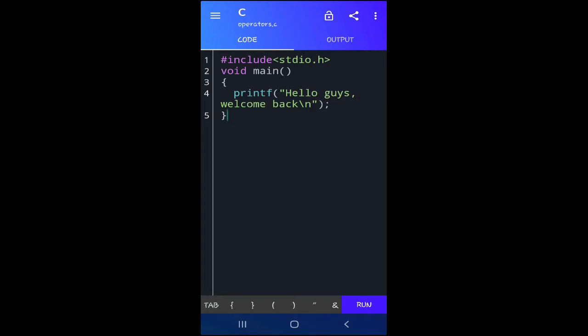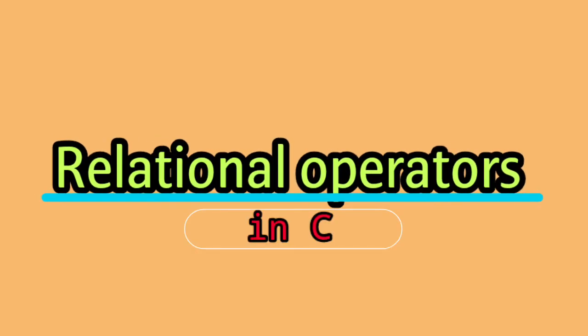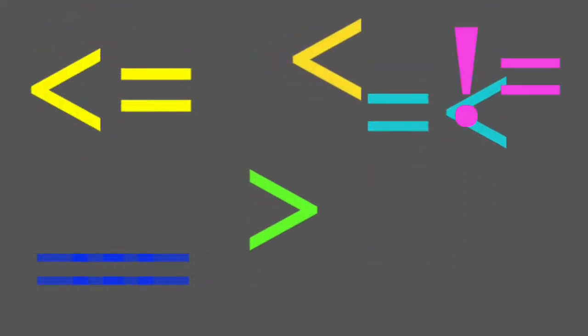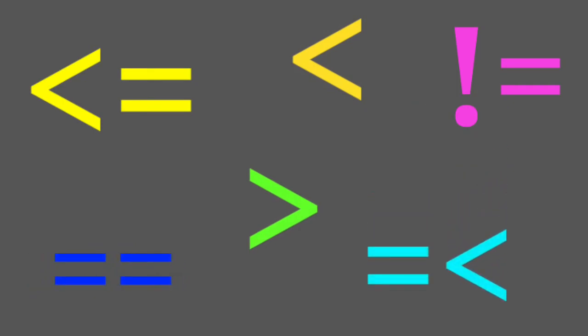So our first concept for today is the relational operator. What is a relational operator? These operators check the relationship between two operands. If the relation is true, it returns 1, and if the relation is false, it returns 0.